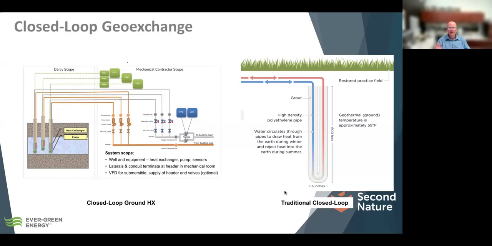You have a heat transfer through the grout that's in each one of those wells, each one of those bores. And typically for a larger campus, you're going to see a fairly expansive well field. I'll be talking about one of those projects here in a little bit.